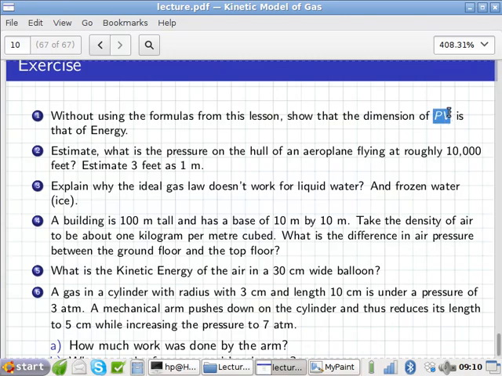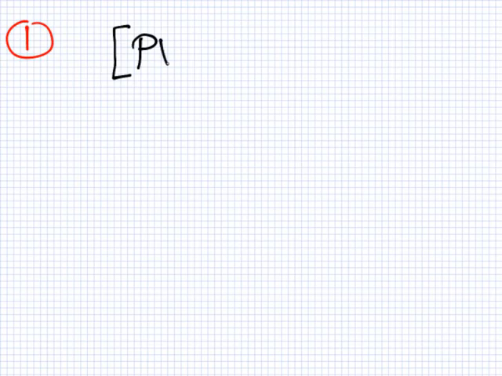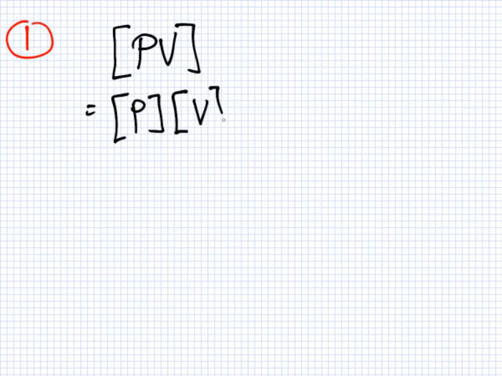Dimension of PV first. Did you try this? Okay, so PV. What's the formula for P?